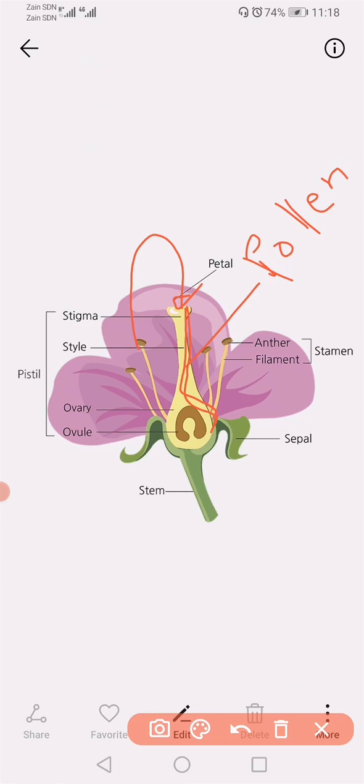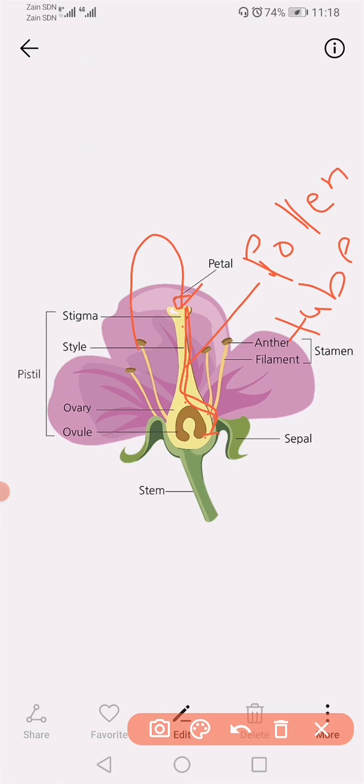This pollen tube is growing downwards and connecting to the ovary. The tip of this pollen tube will crack and release the pollen inside the ovary.